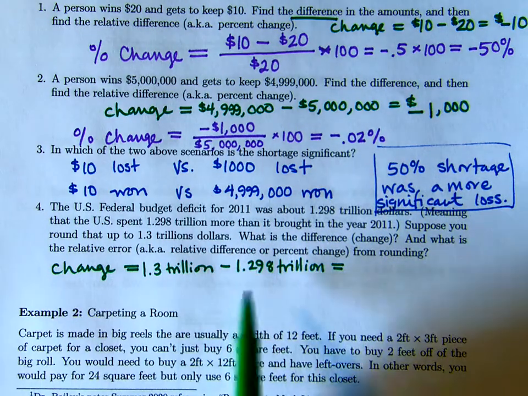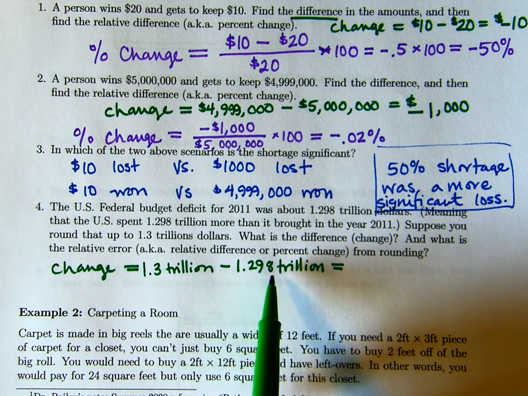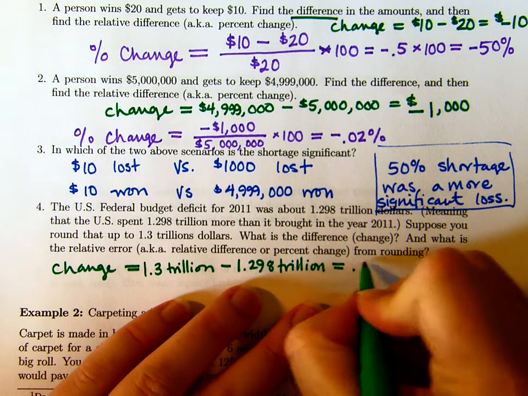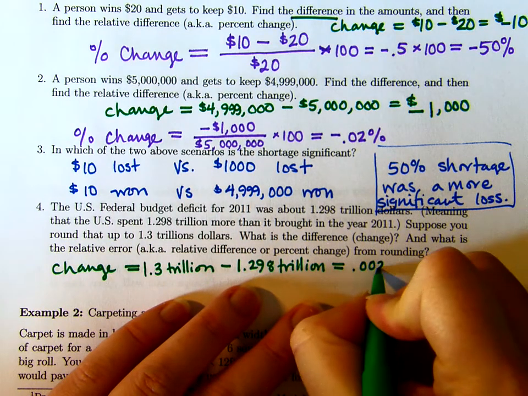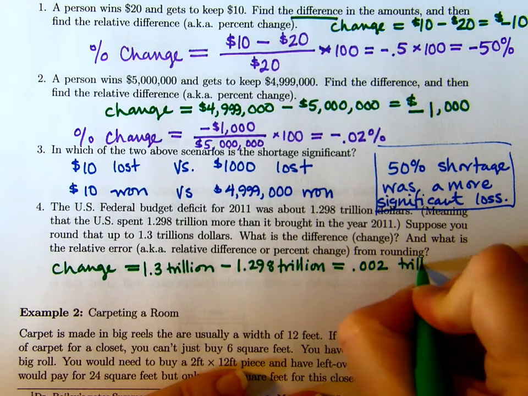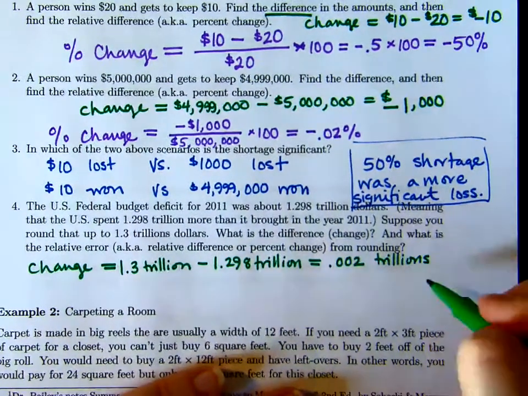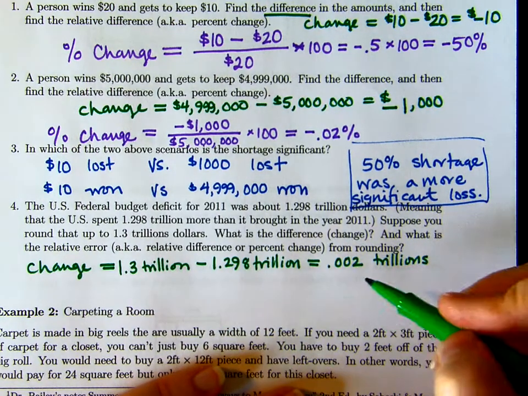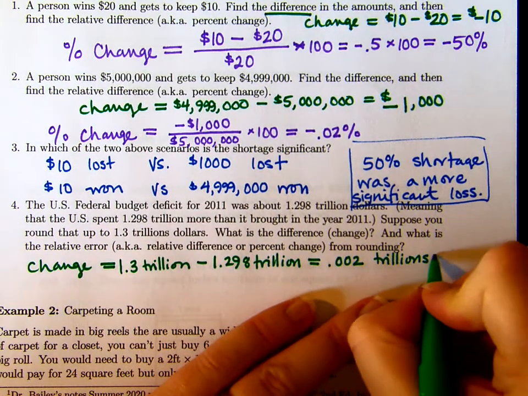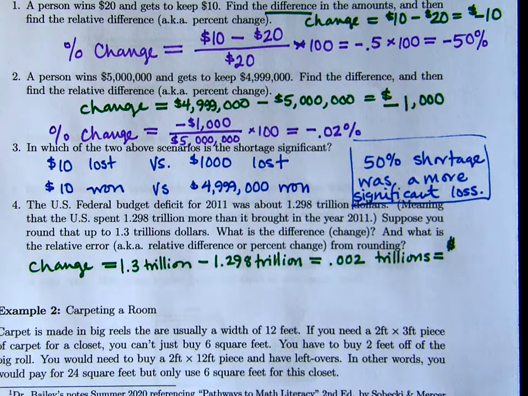Okay, and what is that? Tenths, hundredths, thousandths, 2 thousandths off. But trillions. Because of that label, which I've included here, I'm actually going to write that out in dollars.